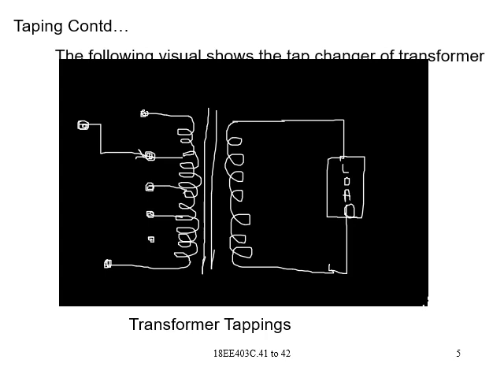This is the input. So the following visual shows the tap changer of a transformer. These are the transformer tappings.